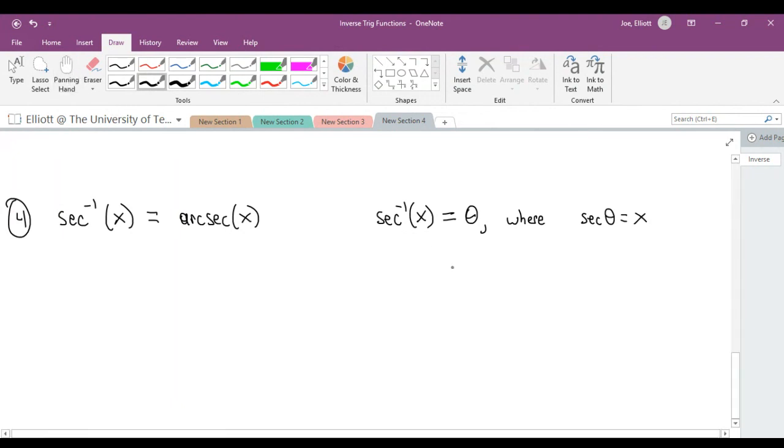And then secant, if you'll recall, was 1 over cosine. So since it's 1 over cosine, it has vertical asymptotes. Okay.